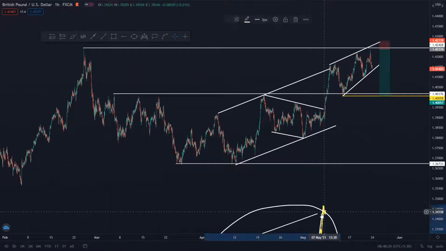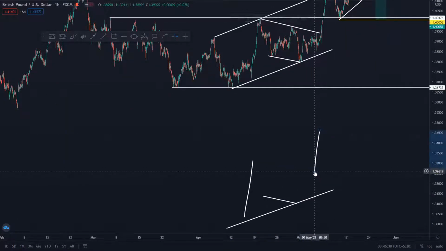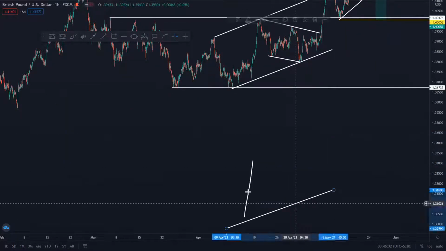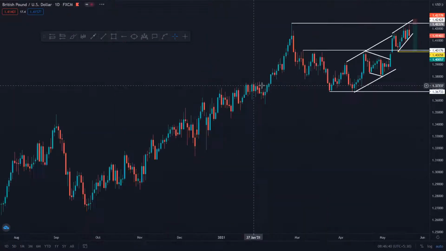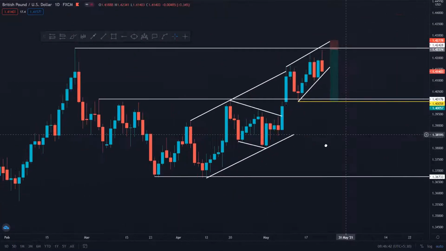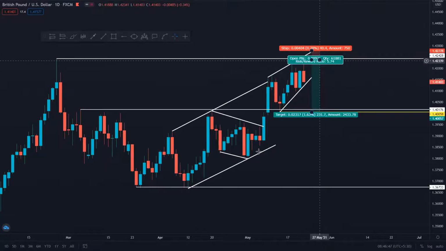If you look at the whole price action structure, let me move into the daily time frame, in which you will get a clear understanding. This is the daily time frame structure, which clearly indicates that price is very near to the double top structure.